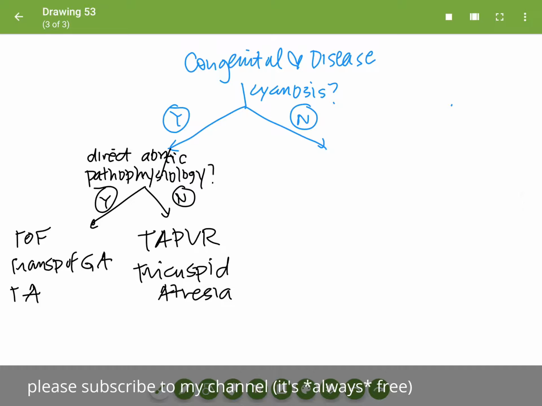As far as non-cyanotic diseases go, we're going to divide that based on also pathophysiology or mechanism.